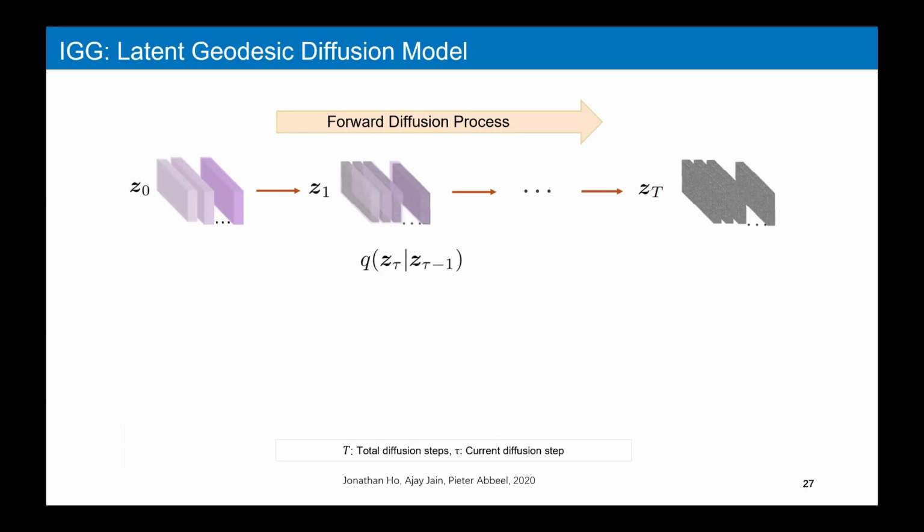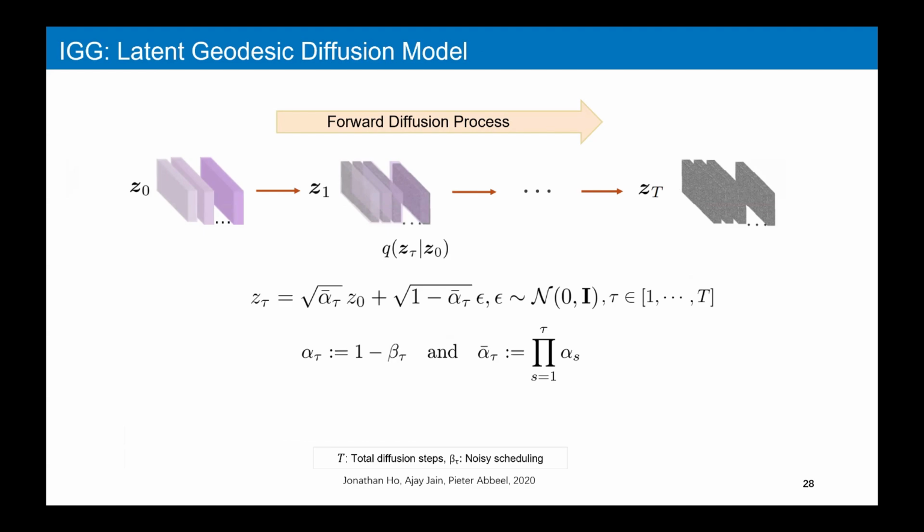Each step sampling is using the Markov chain parameterized by the conditional probability Q of z tau conditioned on z tau minus 1. This can be simplified by the conditional probability of z tau conditioned on the initial latent feature z0. So we can compute z tau directly from z0 through this equation.